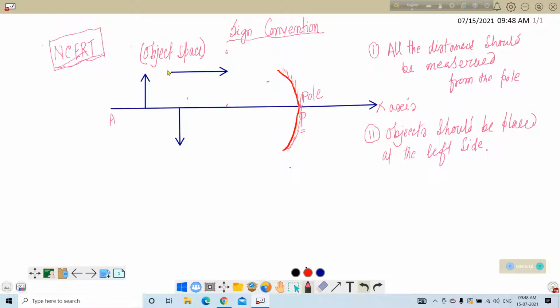When an object is placed here, light is considered to emerge from this point. This is the origin of light, and light starts its journey from this point along this direction. So this is the direction of the incident light.